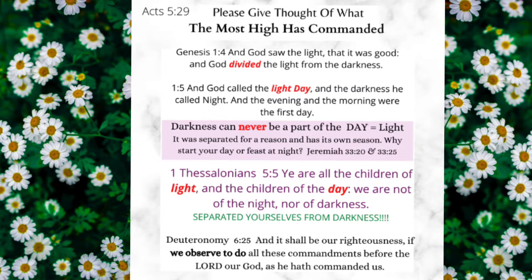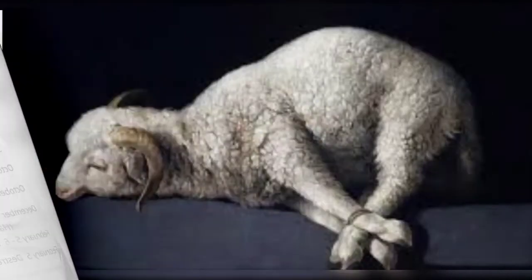Just as it says in 1 Thessalonians 5:5, we are children of the light. We are children of the day, not of night, nor of darkness. Now, I may not have quoted it correctly, but it's along those lines. So keep in mind, you cannot observe any feast day while you are sleeping or going to sleep.